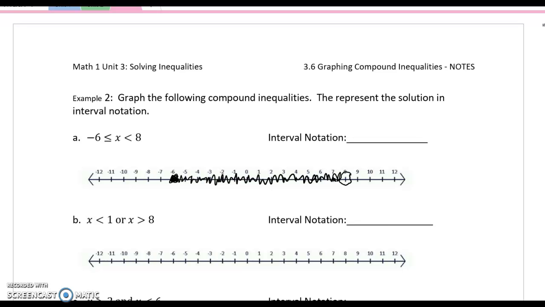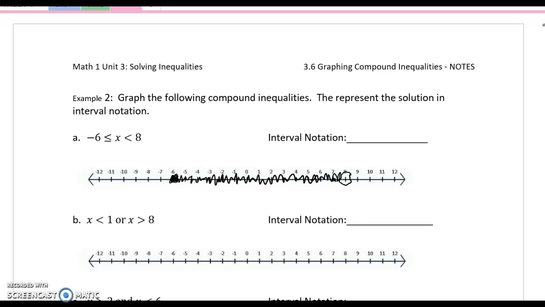If I take that 2 and plug it in for x, then we're looking at a statement that says -6 is less than or equal to 2 is less than 8. Looking at that compound inequality, yes, that works. -6 is definitely less than or equal to 2, and 2 is definitely less than 8. So here's a value for x that works for both inequalities.